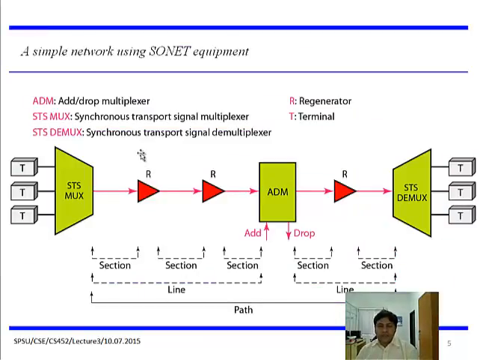Now this is a simple network using SONET equipment. This is our architecture. This is the terminal, this is the STS multiplexer, this is the regenerator, then add and drop depending on different lines. For example, the line which is coming from T1 to T2 will be passing through this particular path, or else if it is for another path, it will drop the signal.